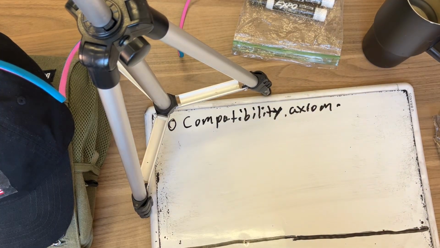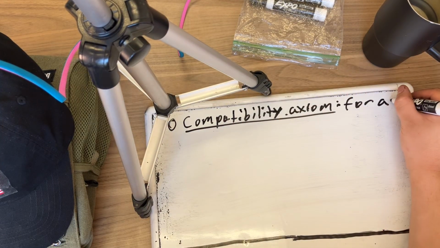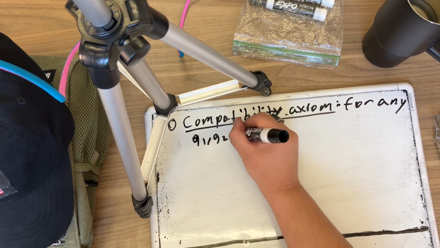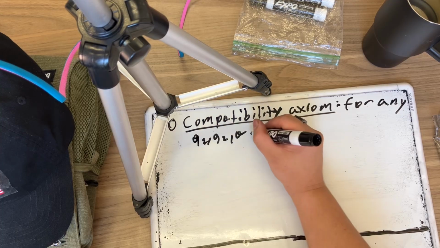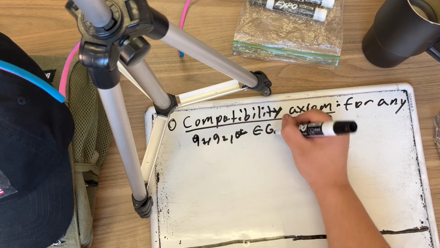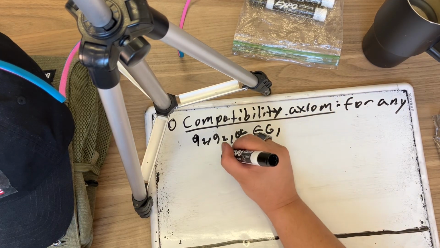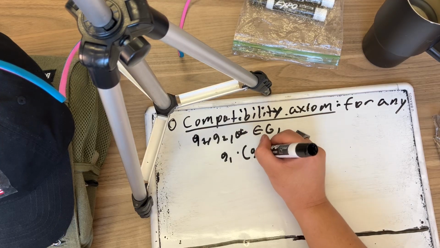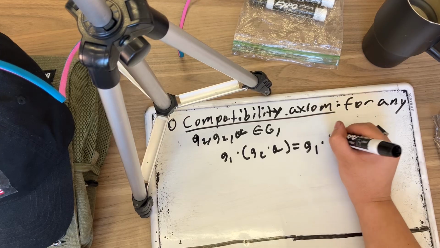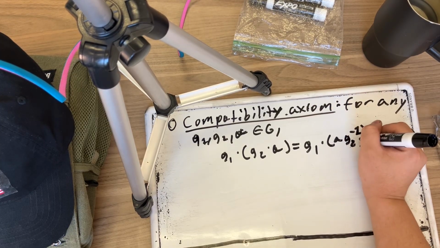For any G sub 1, G sub 2, A, elements of G, we have G sub 1 dot open parentheses G sub 2 dot A close parentheses is equal to G sub 1 dot open parentheses A G sub 2 to the negative 1 close parentheses.